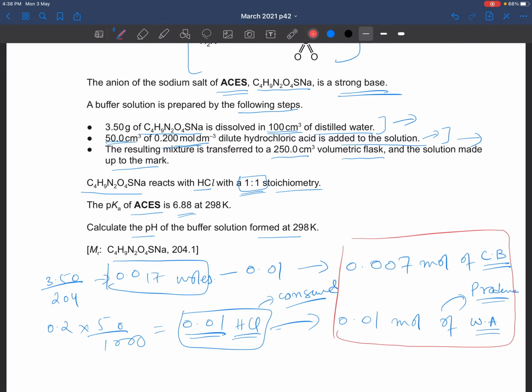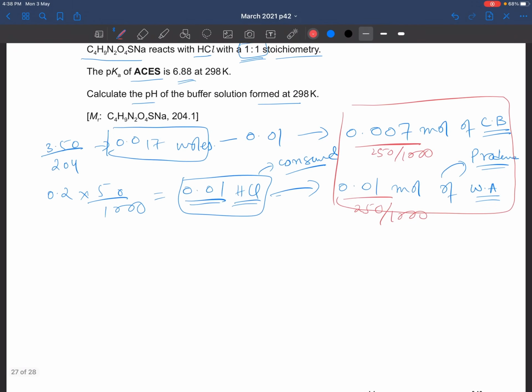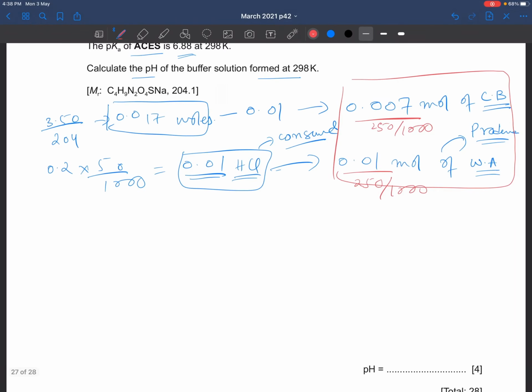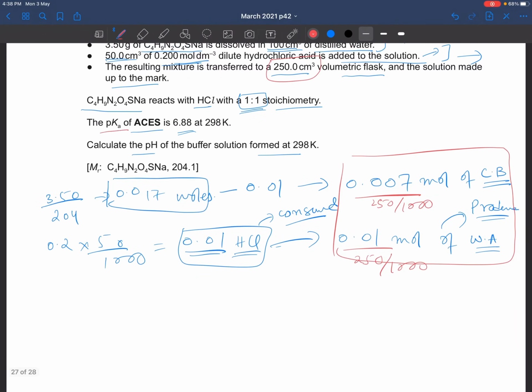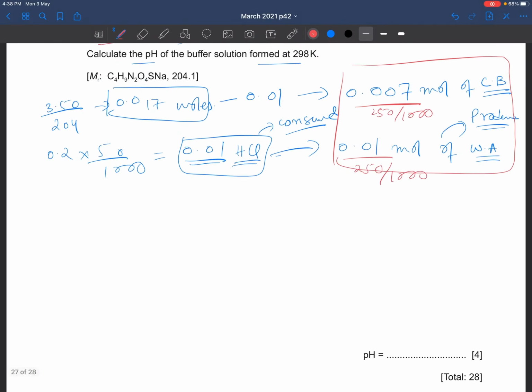Now we have to calculate the concentrations. Divide this by 250 divided by 1000, because we have a total volume of 250 cm³, and this also by 250 divided by 1000. So we would get the concentrations, and after getting concentrations, they have given us the pKa value. So we can calculate the Ka value from this pKa. pKa is equal to negative log Ka, right?